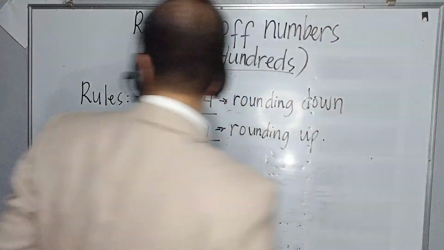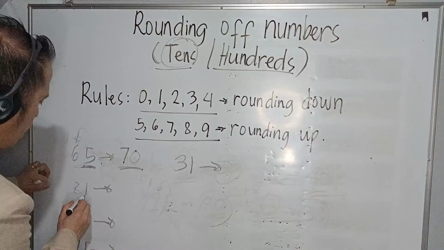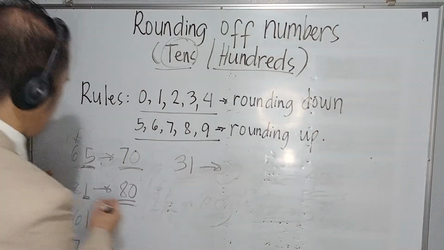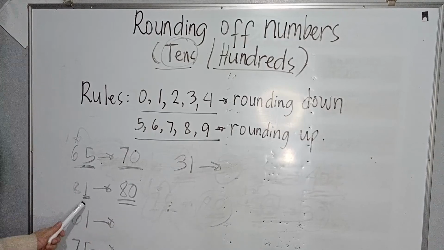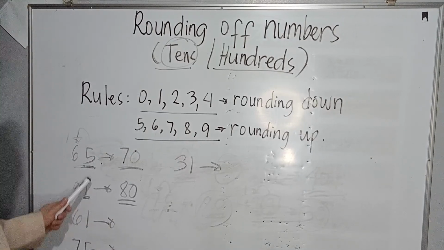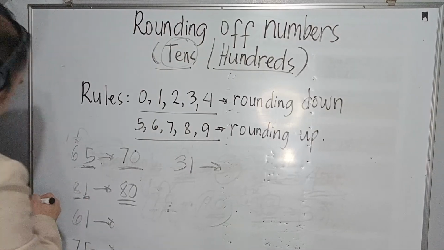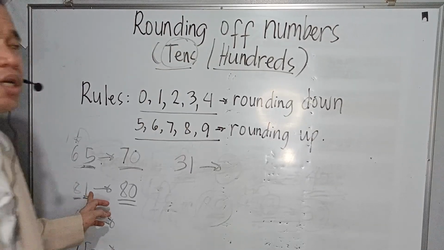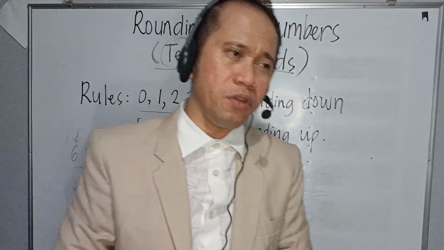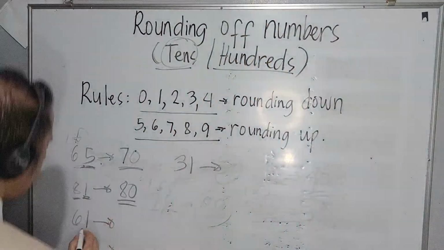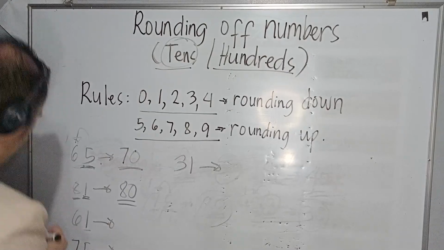Now next we have 81. Since 1 is rounding down, when we round off, it is 80, class. Why? Because 1 is rounding down, we can't add to the 8 in the tens place. And take note, my dear viewers, when rounding to the nearest tens, you first check the ones place.